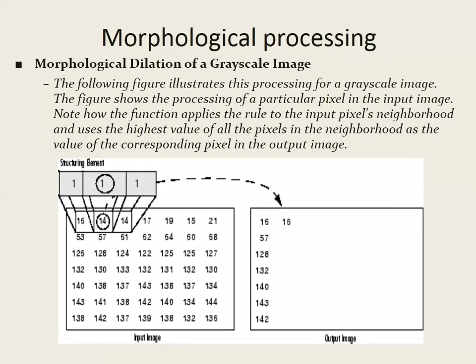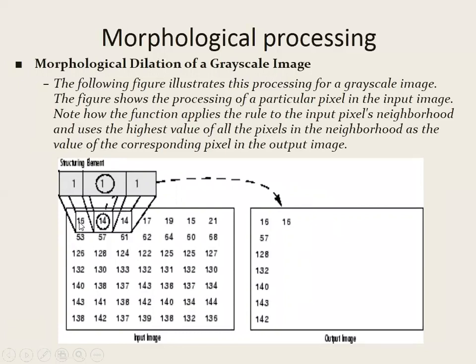If I apply it on a grayscale image, the dilation operation of morphological processing, again, if we use the same structuring element and align that structuring element on the first pixel with value 16.